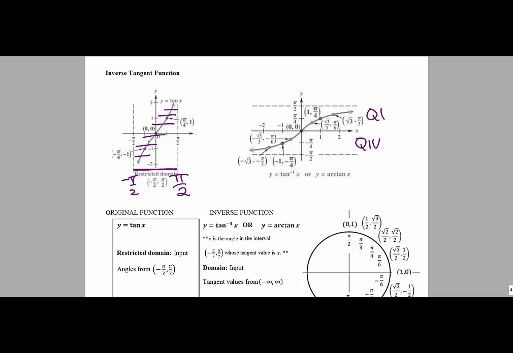And just like sine, we're going to go from negative 90 degrees to positive 90 degrees. And because the endpoints are asymptotes, we won't actually get out an angle for the endpoints. But we think about quadrant 4 angles as being negative, because we go from 0 to negative pi over 2, from 0 to negative 90 degrees.